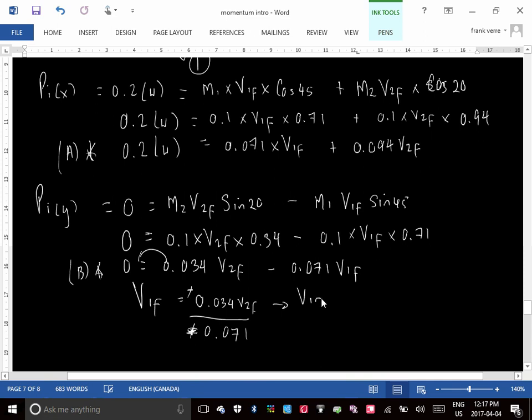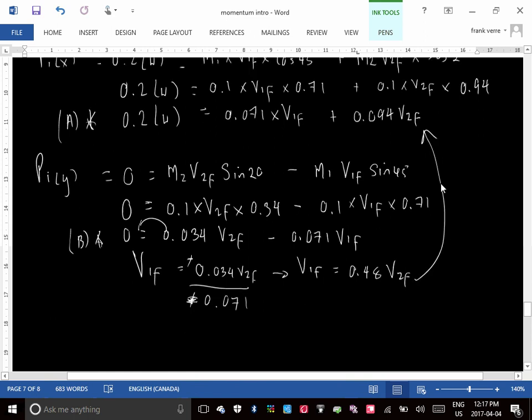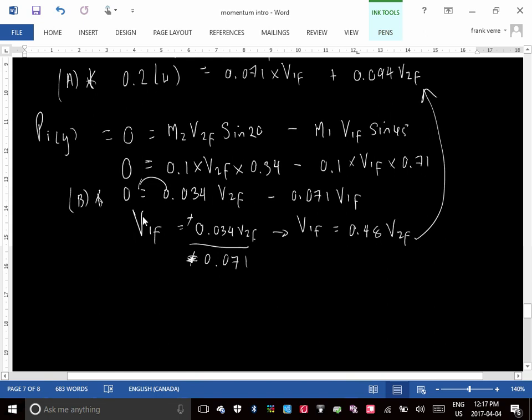So then, let's simplify. What is V1F equal to? 0.48 V2F. So now we have what V1F equals. So what we can do now is plug that into this equation up here. So let's do that. So 0.2 west equals 0.071 V1F.